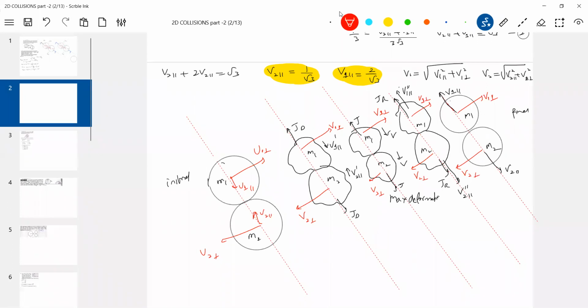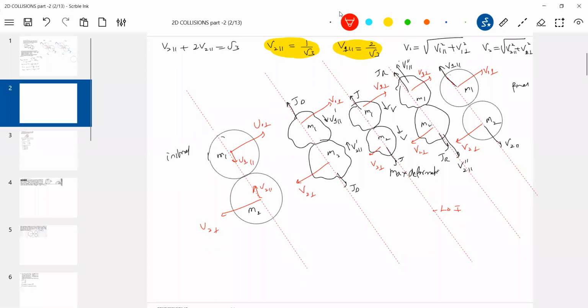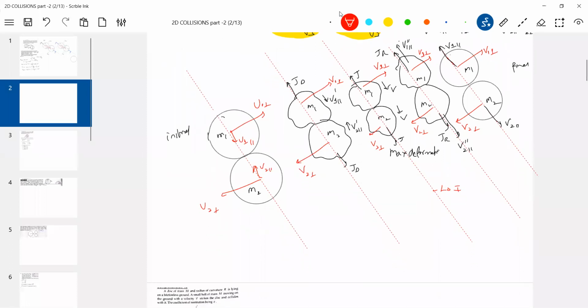How to calculate that common velocity? There's a line of impact, so I'll apply conservation of linear momentum. Applying conservation of linear momentum, m1 u1 parallel minus m2 u2 parallel should be equal to m1 v, this I shall put minus m1 v.